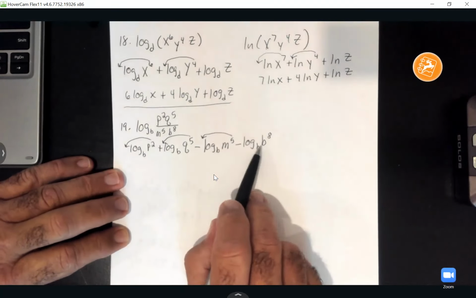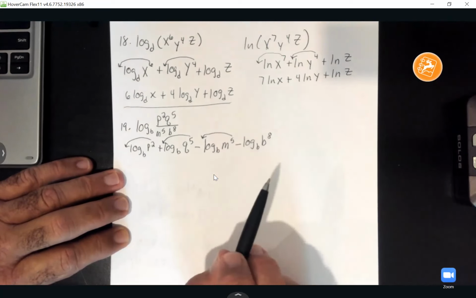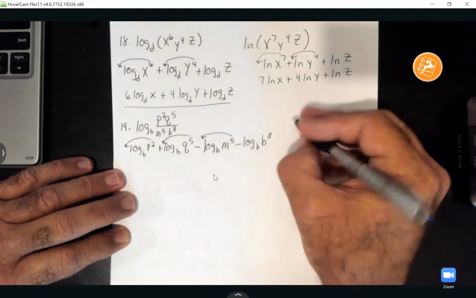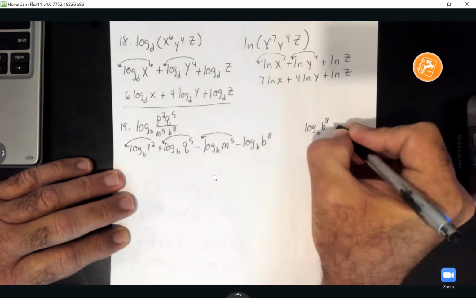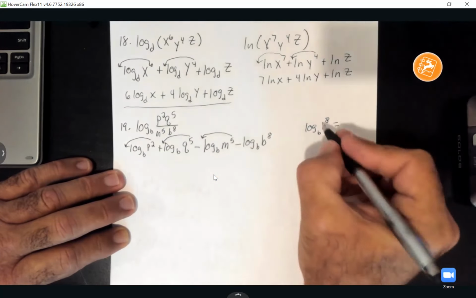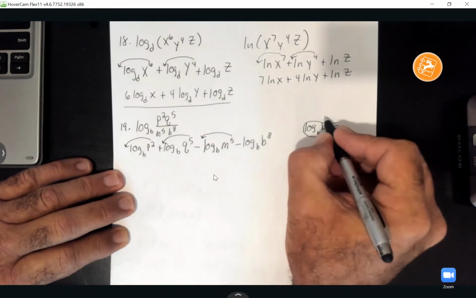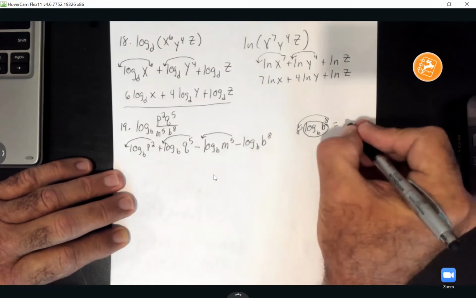But y'all, this last one, log base B of b to the 8th. What's that equal in the long run? One. Well, the log B of b part equals 1. So that basically, just leave your 8. Just do the 8, yeah, because 8 times 1 is just 8.